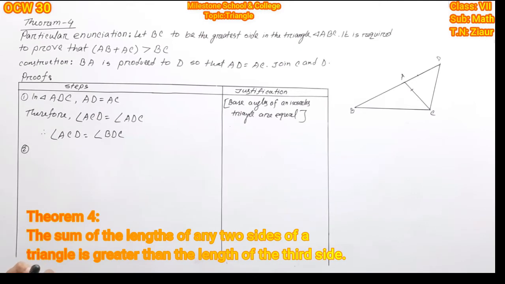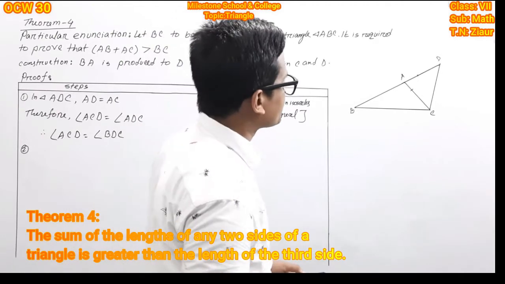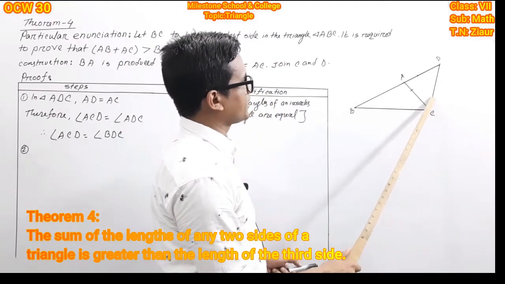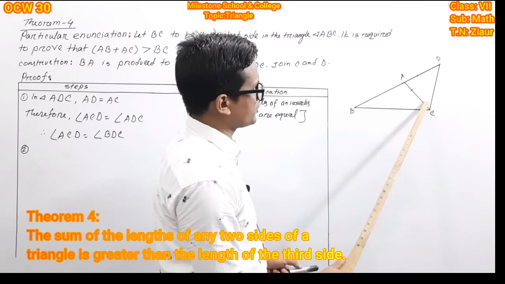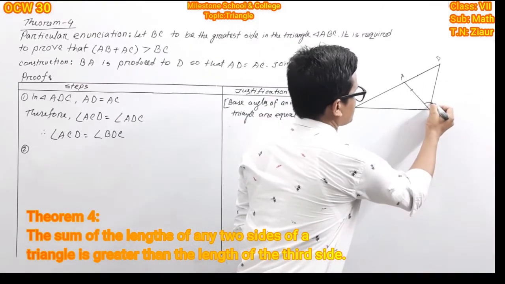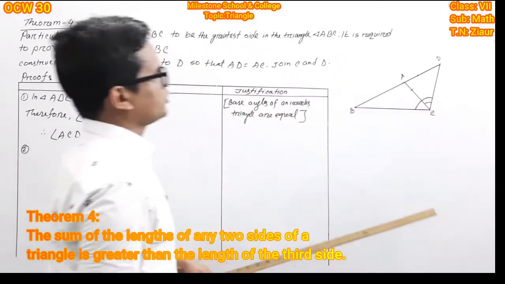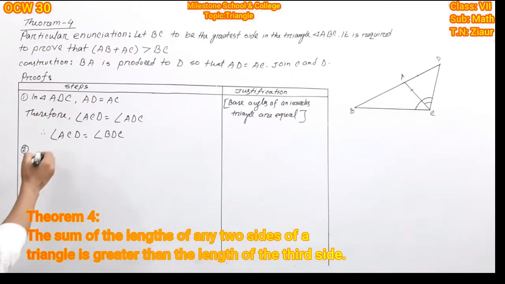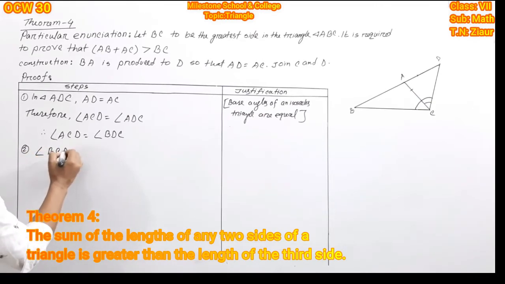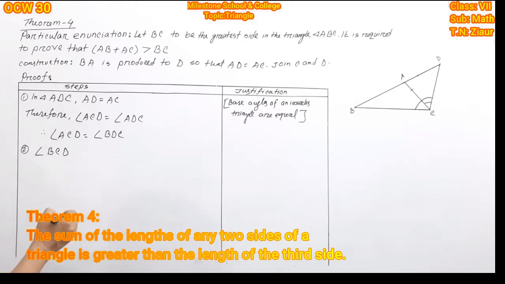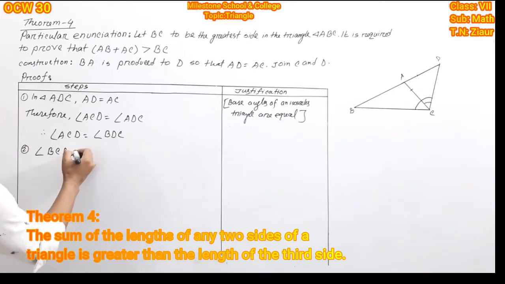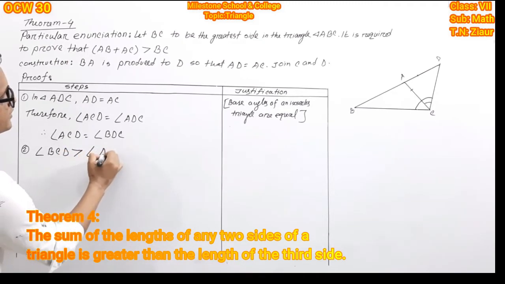Now we write step number 2. In triangle BCD, angle BCD is greater, right, students? This angle is greater than this angle, because this angle is a smaller part of the full angle. So we write in step 2: angle BCD is greater than angle ACD.